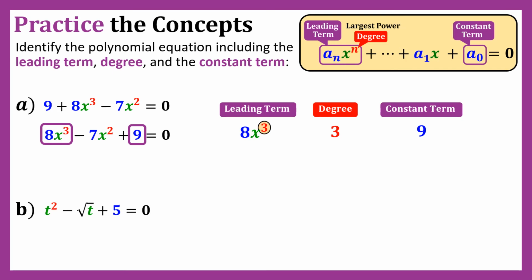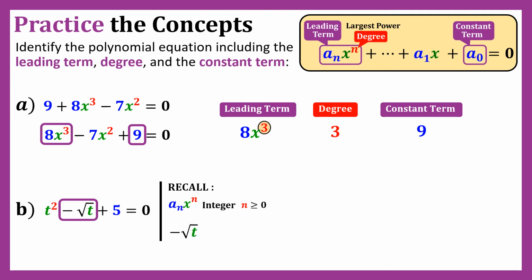For our second problem, we have t squared minus the square root of t plus 5 equals 0. Let's look at the middle term, negative square root of t. And recall that the terms of a polynomial must have exponents that are integers greater than or equal to 0.